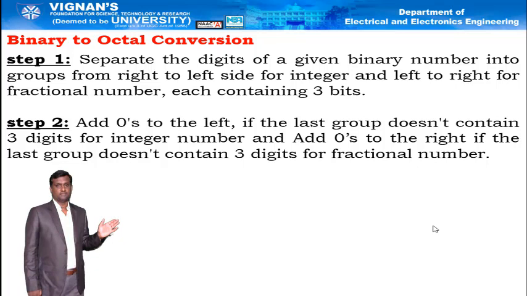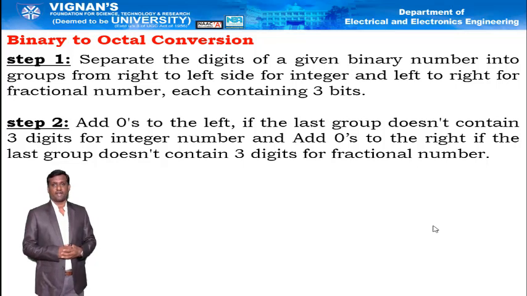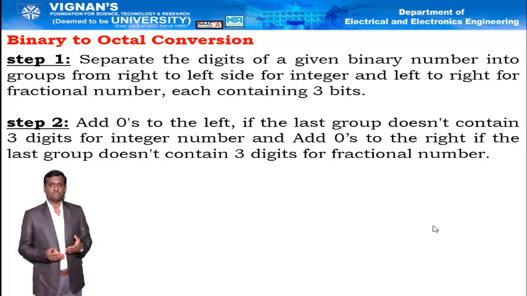Add 0 to the left if the last group doesn't contain 3 digits for an integer number, and add 0 to the right if the last group doesn't contain 3 digits for the fractional number. Means in this grouping, if any bit is missed, then we have to add 0 to the right for the fractional part, and 0 to the left for the integer part.